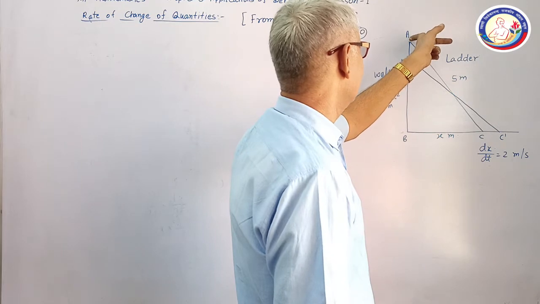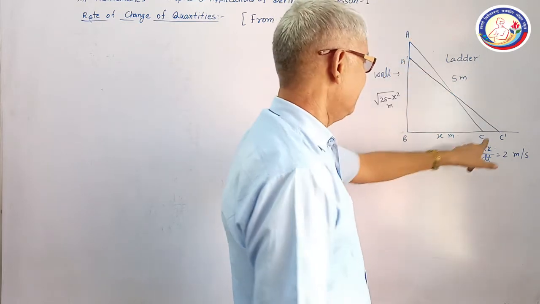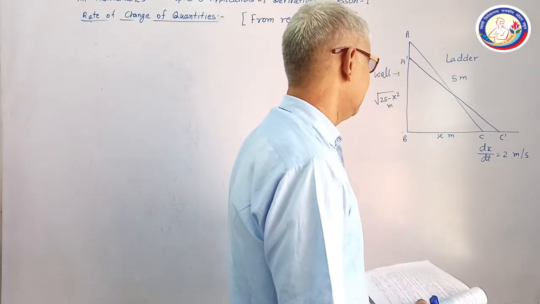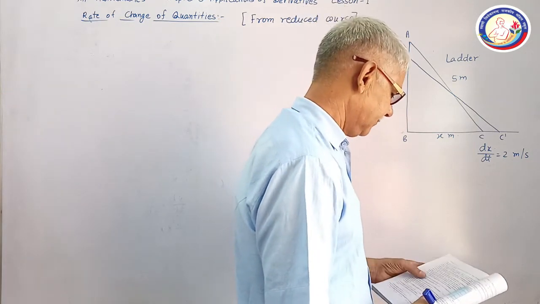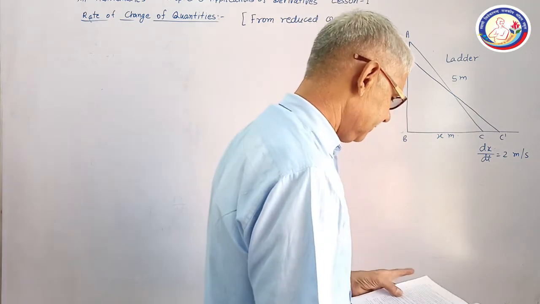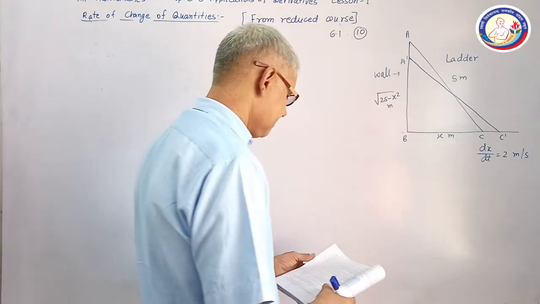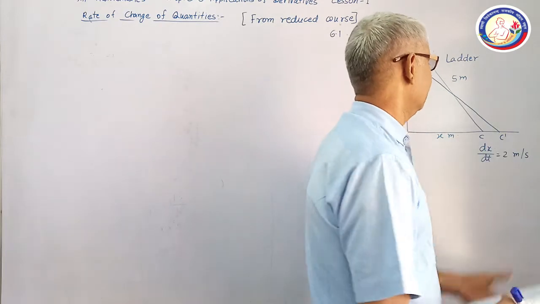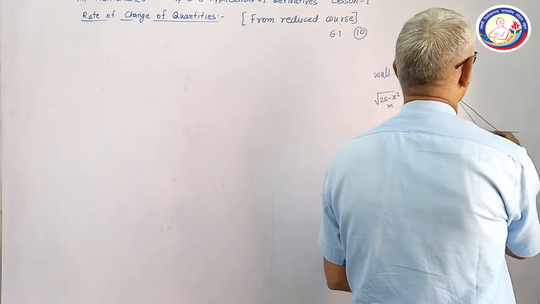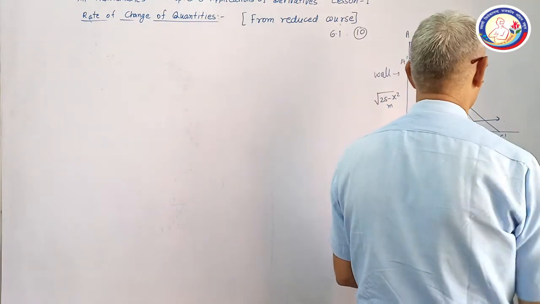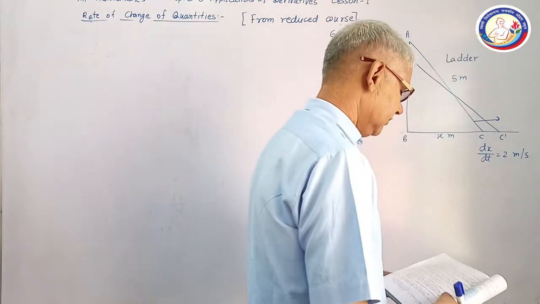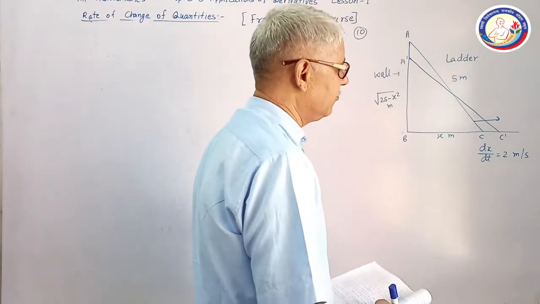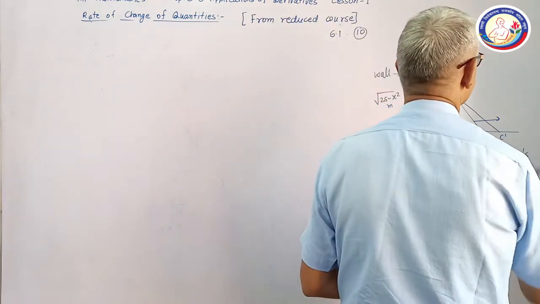Its top is at A and bottom is at C. The foot of this ladder is pulled at ground. It is pulled towards this side from here to here, at the rate of 2 meters per second here.